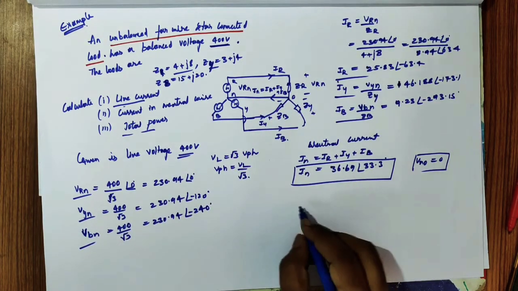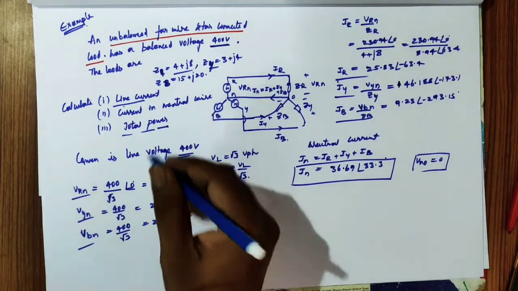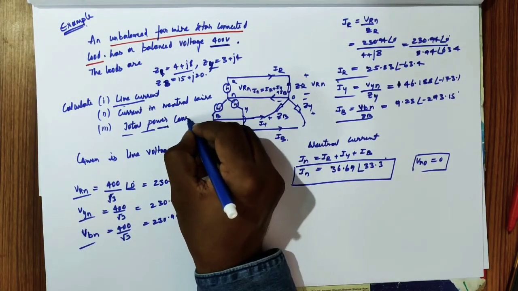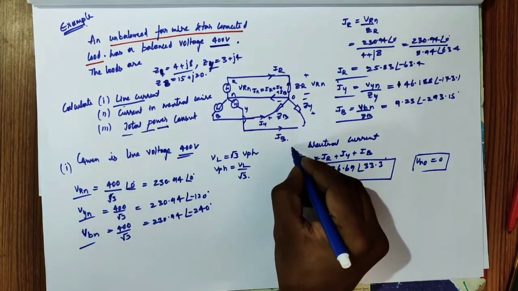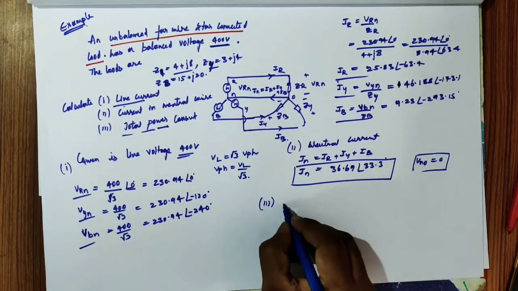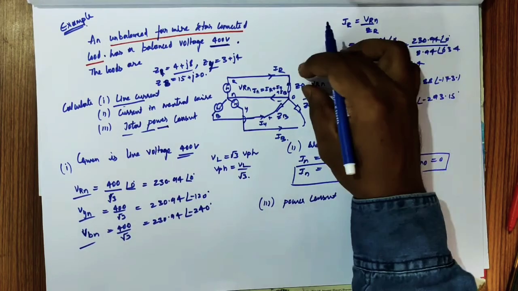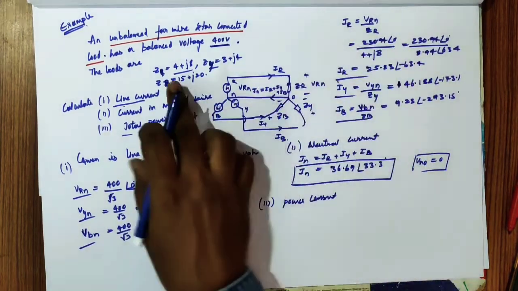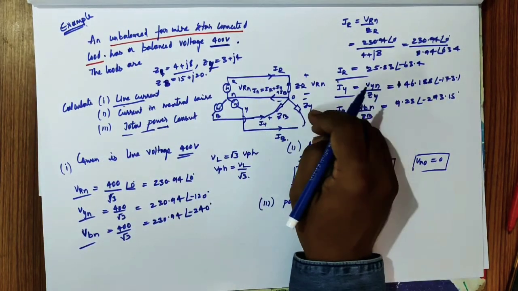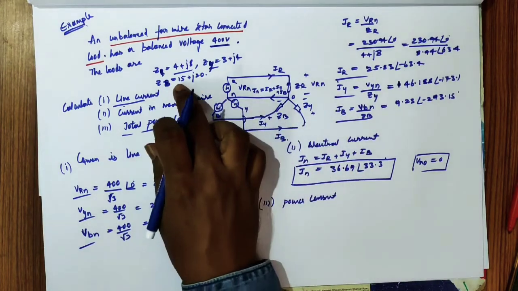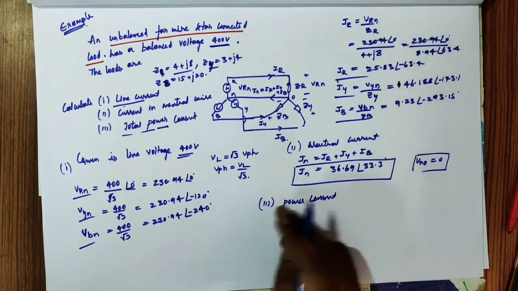Okay, and also find the total power consumed. So how do you find the total power consumed? This is line current values, this is neutral values, and this is line power consumed. Power consumed, either you can use the I square R form, that is IR square into 4, IY square into 3, and IB square into 15. Or you can find the power consumed by VI cos phi also.